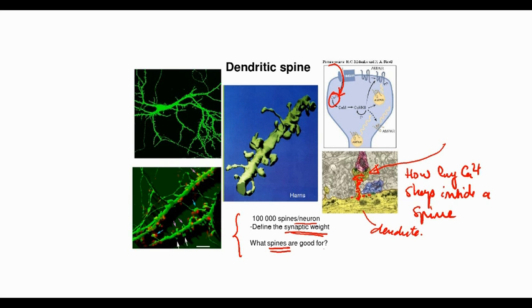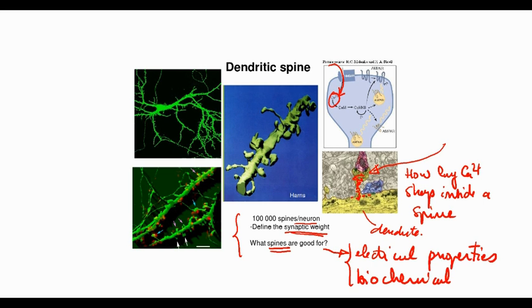I'm going to leave that as a question currently under debate in the literature, where people discuss the electrical properties, and there are also their biochemical properties. Today we are more discussing this biochemical property to explain how they regulate calcium dynamics.